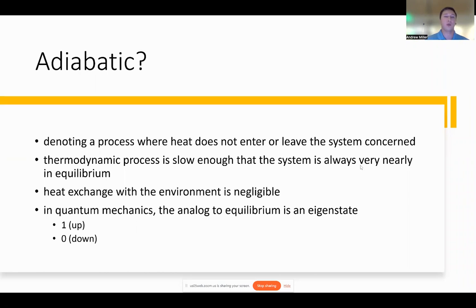Like it doesn't blow up or do something extreme in the process. And we assume that the heat exchange is minimal, which, again, with quantum, means the effects of magnetic fields are negligible. And in quantum mechanics, the analog to equilibrium is basically an eigenstate, which is either up or down, or zero and one, depending on how you want to look at it.